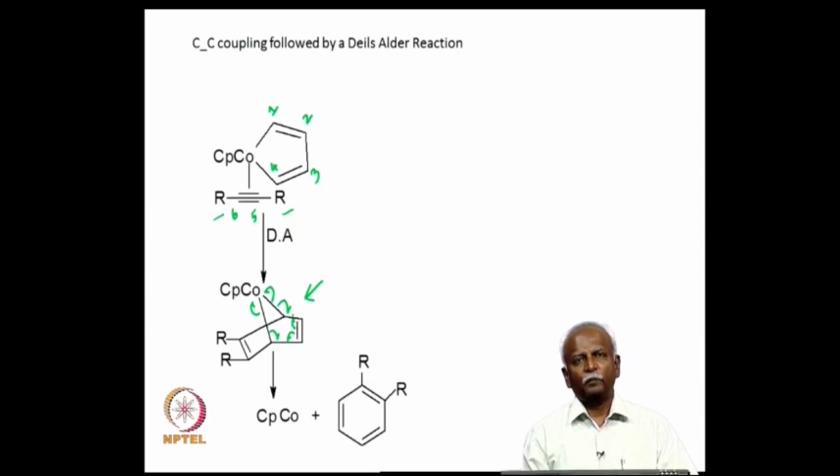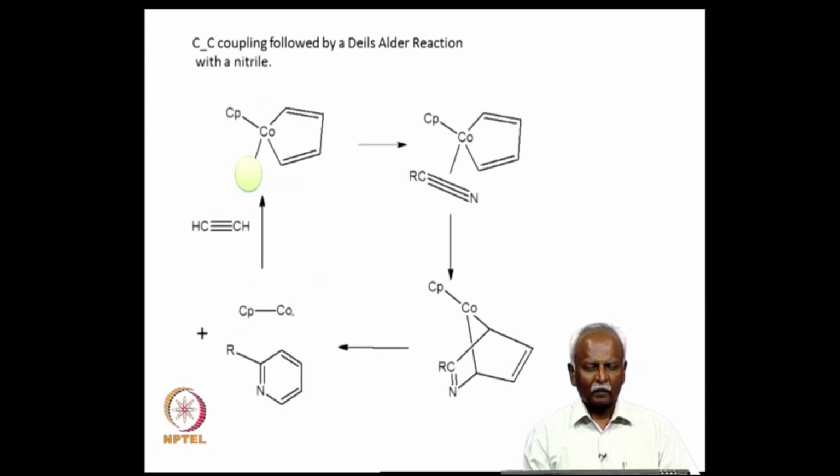So, these are 2 ways by which you can have the formation of an aromatic ring using the metallocyclopentadiene, which was generated from cobalt 1 and 2 acetylenes.